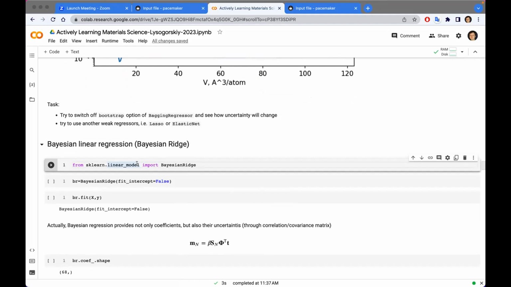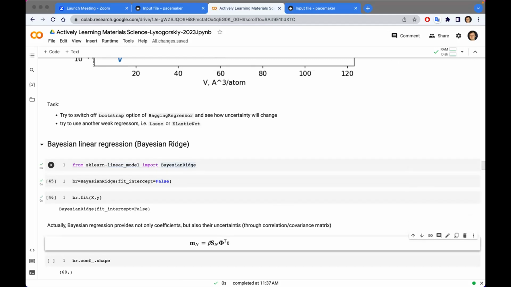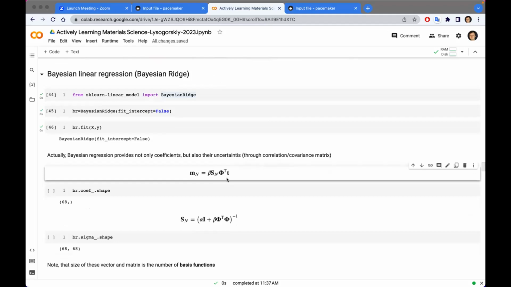But now let's move to the more exact solution in the Bayesian framework, Bayesian linear regression, called BayesianRidge in scikit-learn. It's easy to use: you just import, set it up, and fit. It's actually just a repetition of the same math from the slides before the break, which we covered.